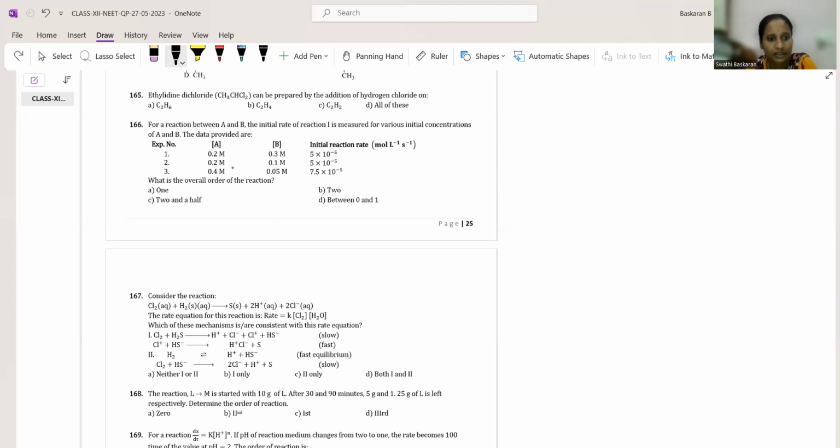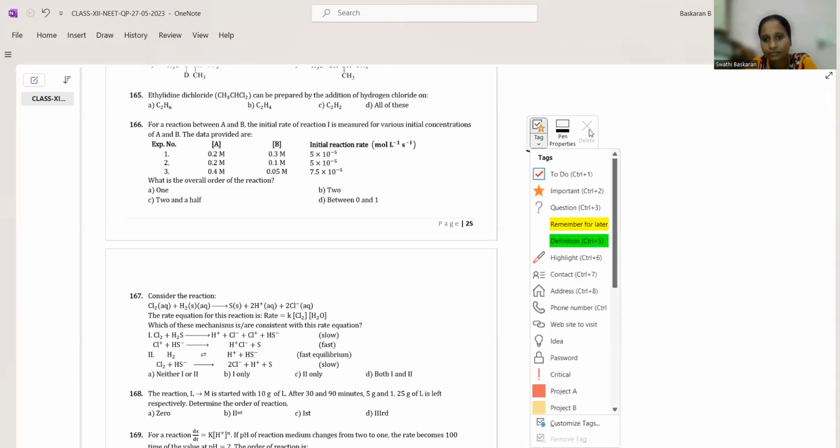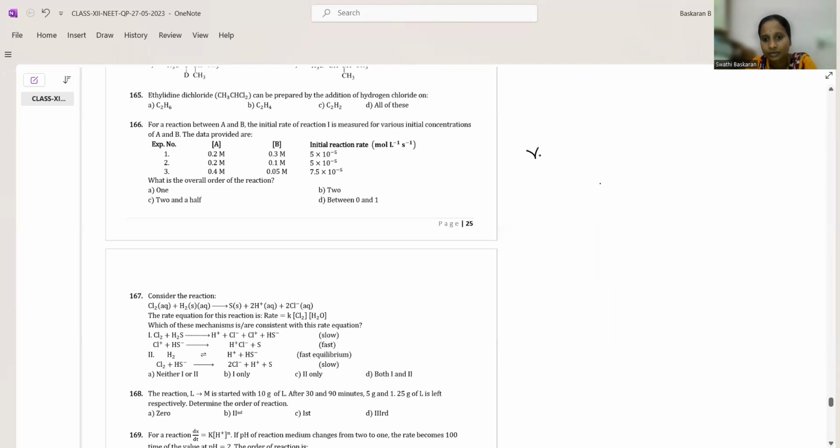So for the first equation we will write R1 is equal to K into concentration of A, which is raised to the power X, and similarly concentration of B, which is 0.3, raised to the power Y. Instead of writing the rate here, we can write the initial reaction rate, which is given to be 5 into 10 power minus 5.